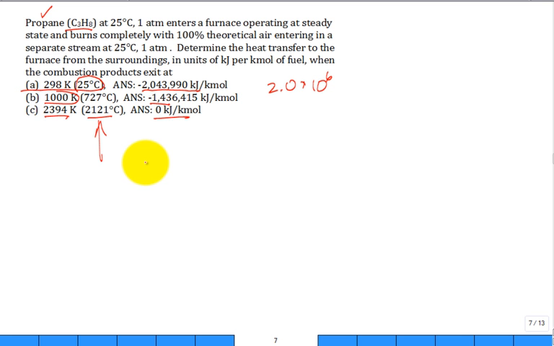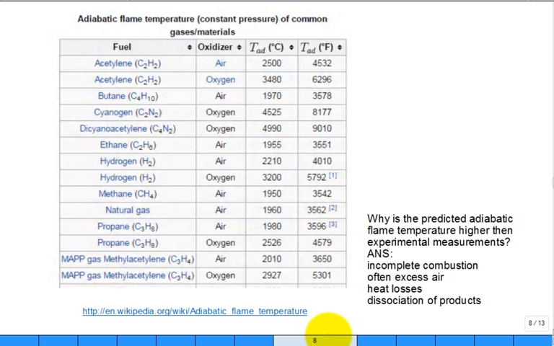21. We calculated it. Let's go and compare that number with the values that are in textbooks and other places. So you'll find that they quote the adiabatic flame temperature for a lot of common fuels, acetylene, butane, ethane, natural gas, but here's propane.